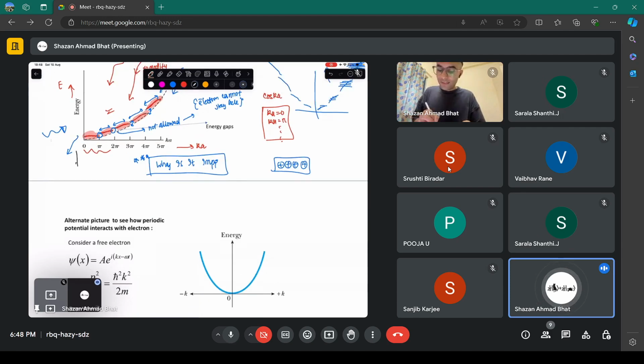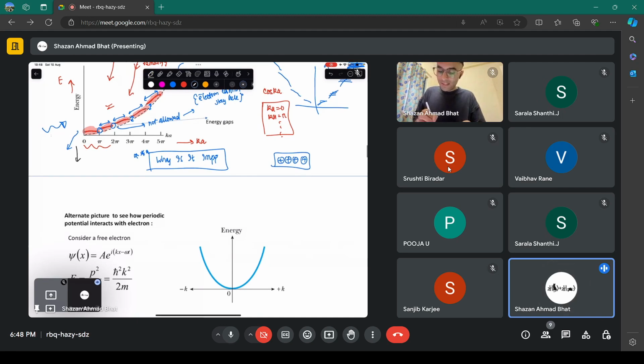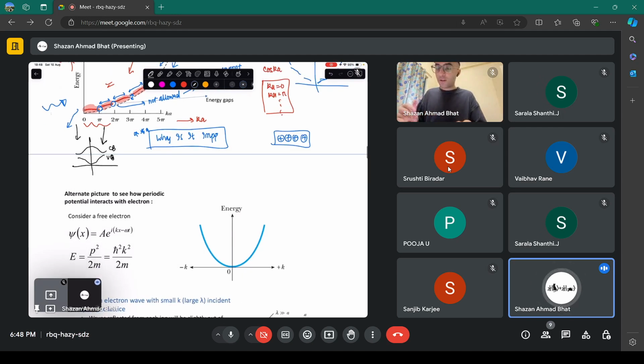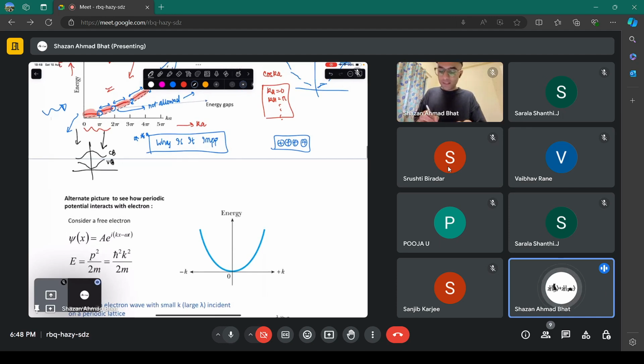You will see in the upcoming slides that these particular regions of the bands actually give rise to something called the valence band and conduction band. How this picture comes from here, that is what I'm going to talk about. These come from solving the Kronig-Penney model, which is basically solving the Schrodinger equation.